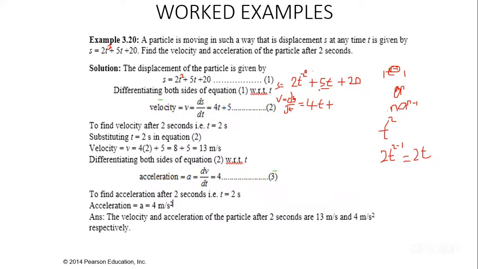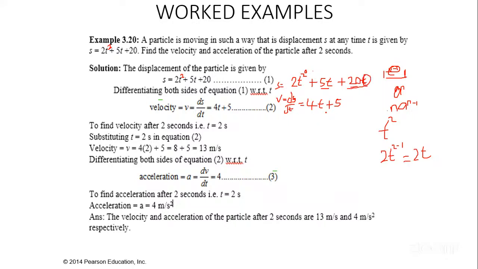So t has diminished to 1, because 1 minus 1 is 0, and anything raised to 0 is 1. So 1 times 5 becomes 5. As for 20, there is no time attached to it, so this is automatically eliminated.